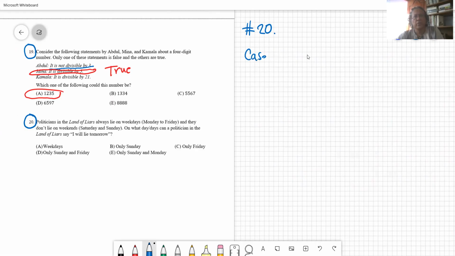So if you think a little bit, you have 4 cases here. I'm going to draw this rectangle with 2 boxes. On the first day, the politician lies, and the second day also he lies. And on the first day, he could tell the truth, and on the second day also he could tell the truth.